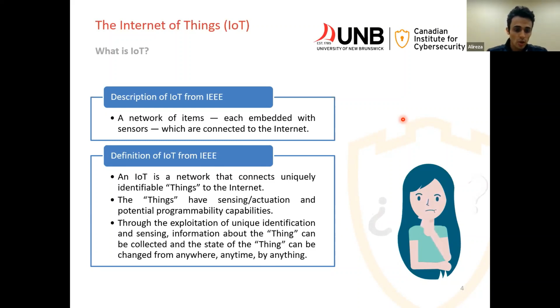So let's go and look at the very standard definition, but this definition is for small environments because IEEE has two different definitions for large and small environments. So the definition is like this. An IoT is a network that connects uniquely identifiable things to the internet. The things have sensing or actuation and potential programmability capabilities. And through the exploitation of unique identification and sensing, information about the thing can be collected and the state of the thing can be changed from anywhere, anytime, by anything.